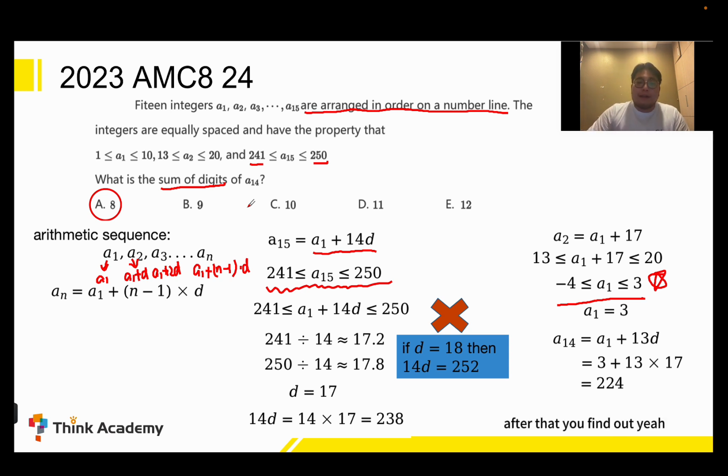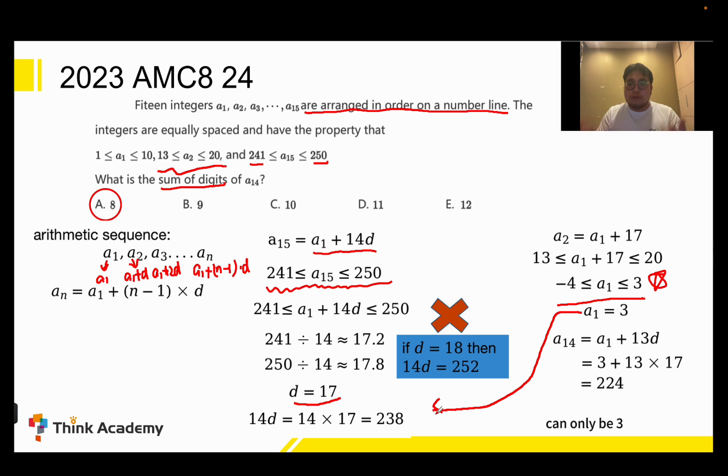After that, you find d can only be one number, and use a2's range to find the range of a1. Then make the judgment: a1 can only be 3. So you have found a1 and the common difference. After that, write down a14. So this one is a very easy one.